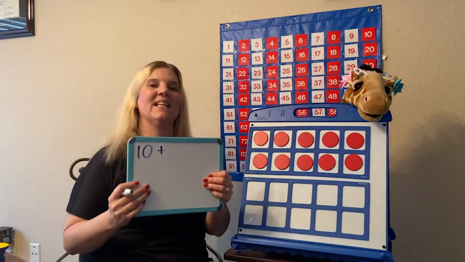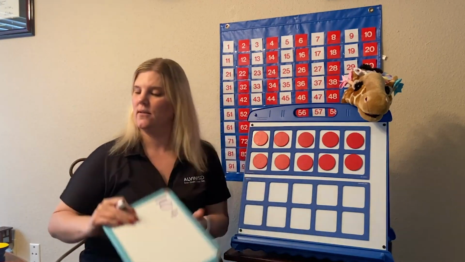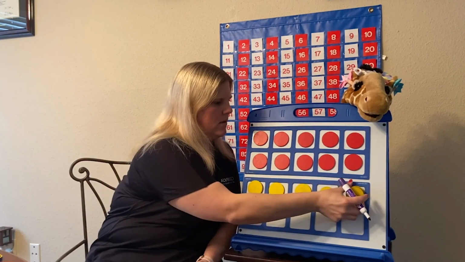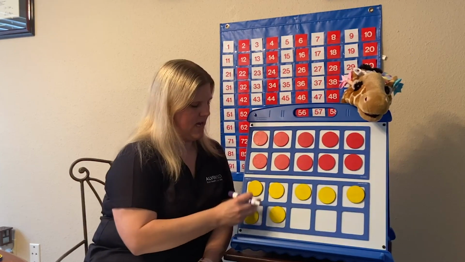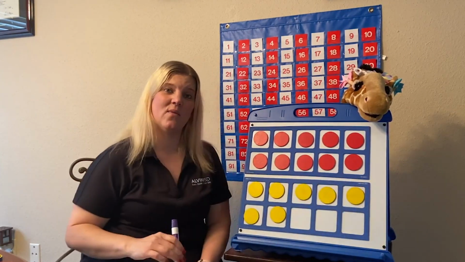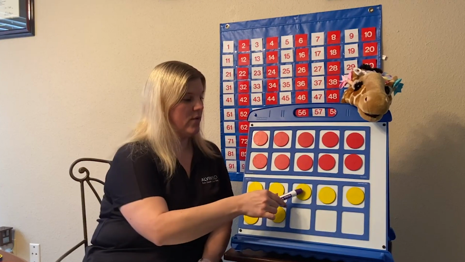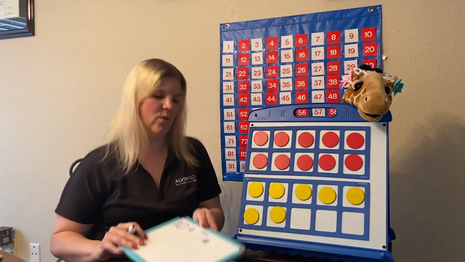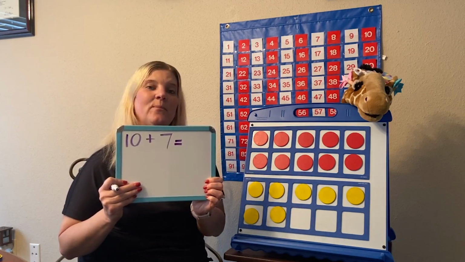You know it's 10 because our 10 frame is full and we're adding, so we're going to do plus. 10 plus how many yellows have I got? Let's count them. 1, 2, 3, 4, 5, 6, 7. 10 plus 7 equals or makes how many?